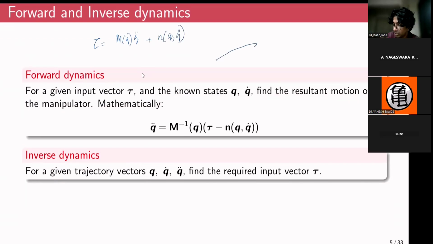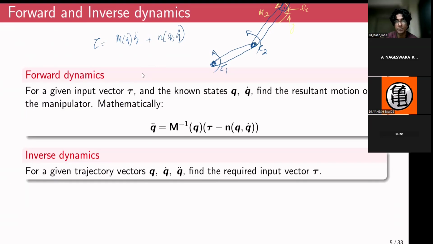And in case of a typical 2R robot, something like this would be the end effector. We have one input to the first joint, tau1. We have another input to the second joint, tau2. And maybe the robot is subjected to some external forces, Fx, Fy, and maybe some moments, Mz, due to its application.